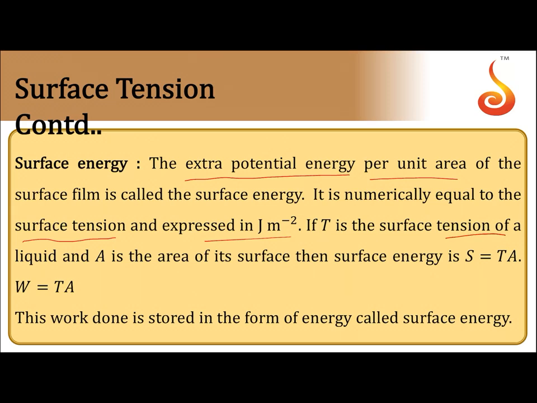So if T is the surface tension of a liquid and A is area of its surface, then surface energy is S is equal to T into A. If the area is equal to 1 meter square, then it is numerically equal to surface tension. So in order to increase the area from A to A dash, let us say, or A plus delta A, you have to do some work. That extra work done will be stored as surface energy.